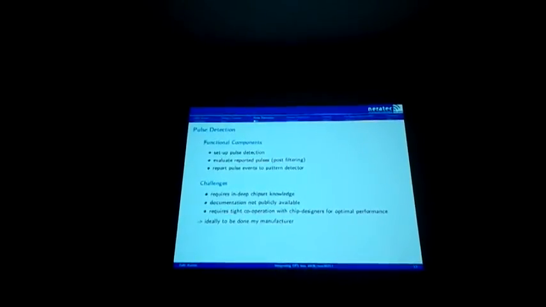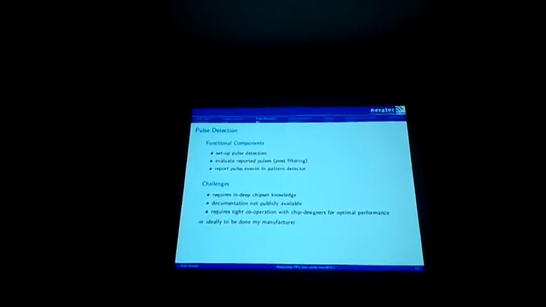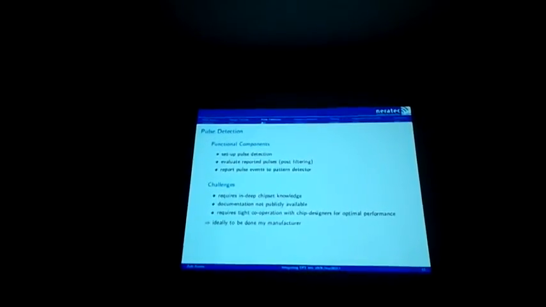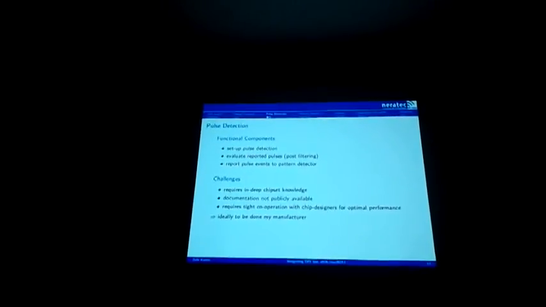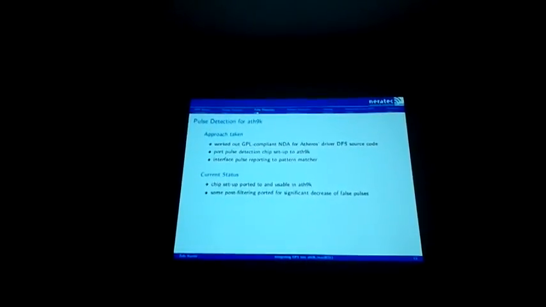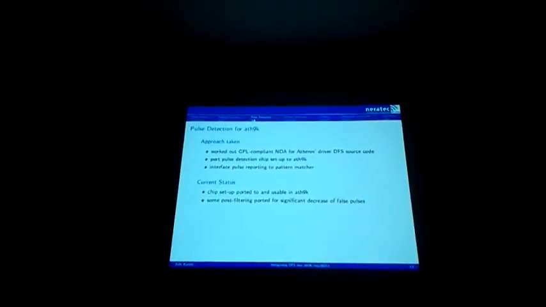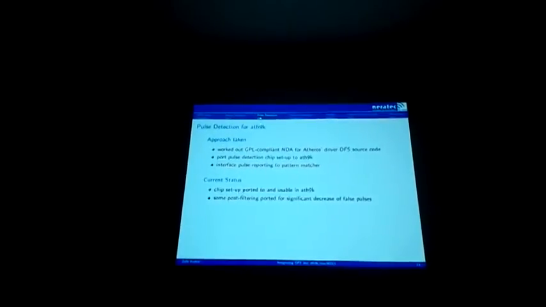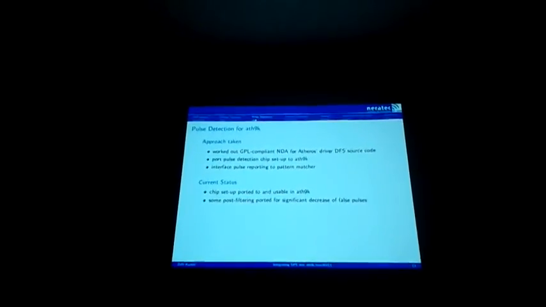Yeah. And when you start working on that, you need tight cooperation between the software part and the chip design. Therefore, it ideally has to be implemented by the manufacturer. Our approach to work on this module was first to work out a GPL-permitting NDA. Thanks to Kathy, it is done. Then try to find out how this pulse detection in the chipset is done and port it.